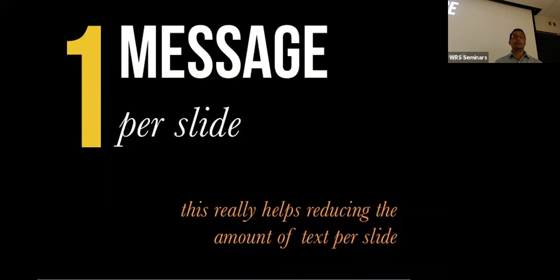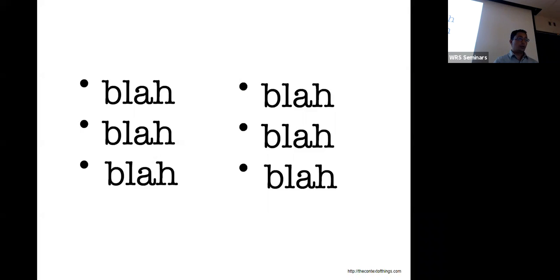So you're not really in sync with the audience. It's always good practice to try to limit yourself to only one message with as few words as possible up on your slide. So when you have bullet points, for me as an audience member, this is what I'm seeing: the speaker just going blah, blah, blah, blah, blah, with a whole bunch of things just up on the slide.